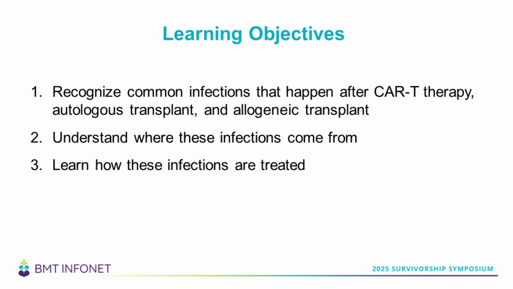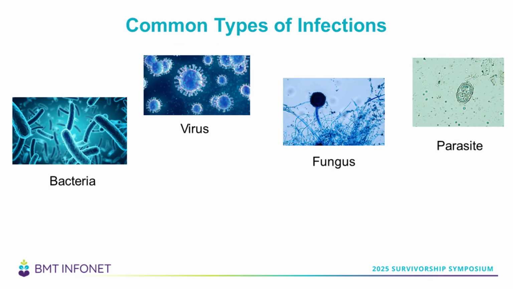So the learning objectives of my talk today are the following. For you to recognize some of the common infections that happen after CAR T therapy, autologous transplant, and allogeneic transplant. Understand where these infections come from and learn how these infections are treated.